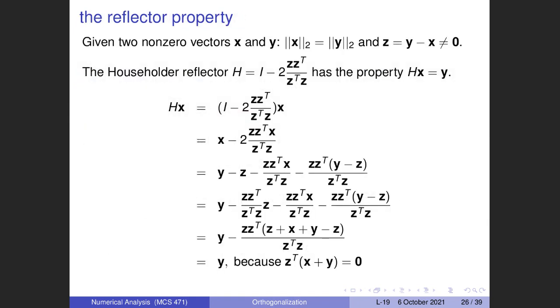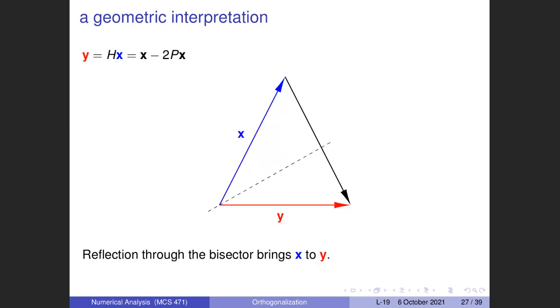Well, here we are. We have what is called the reflector property. And perhaps I should not be so cruel and hold the geometric interpretation off. So here is the goal, what we want to do. We want to make a matrix upper triangular.